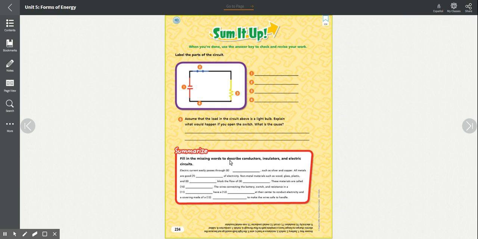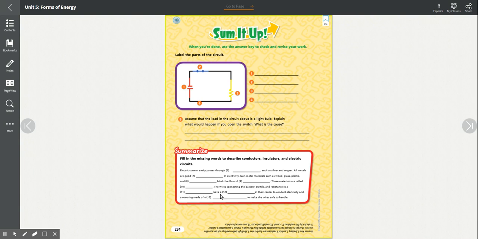Fill in the missing words to describe conductors, insulators, and electric circuits. Electric current easily passes through metals, such as silver and copper. All metals are good conductors of electricity. Non-metal materials, such as wood, glass, plastic, and rubber, block the flow of current.